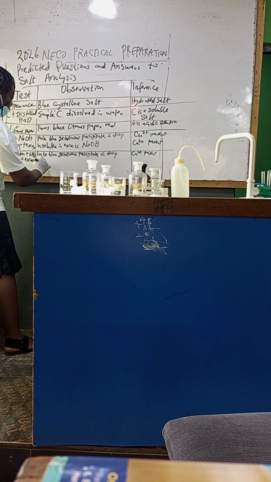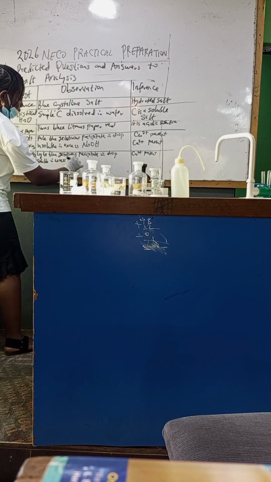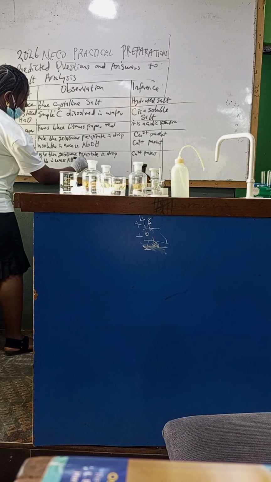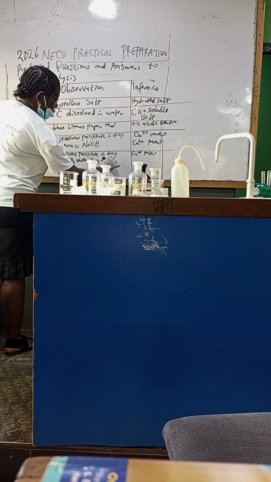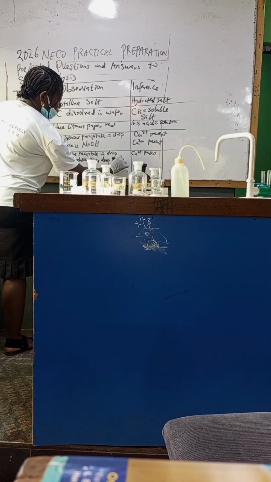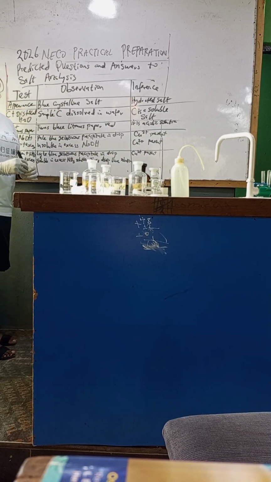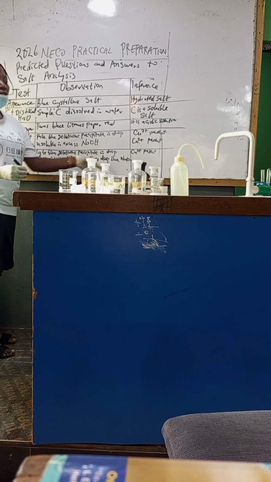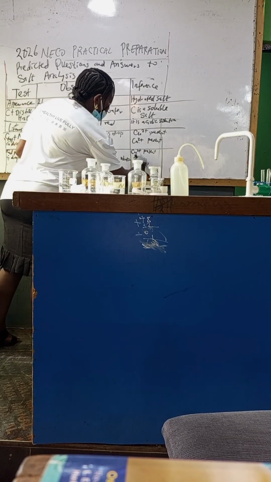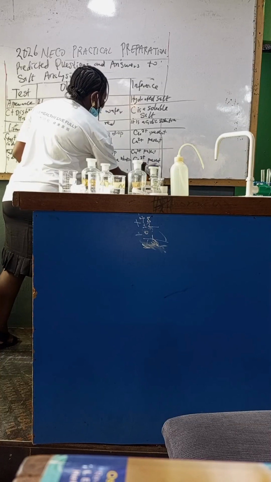Then soluble in excess ammonia solution to give a deep blue solution; inference, copper 2 ion present.